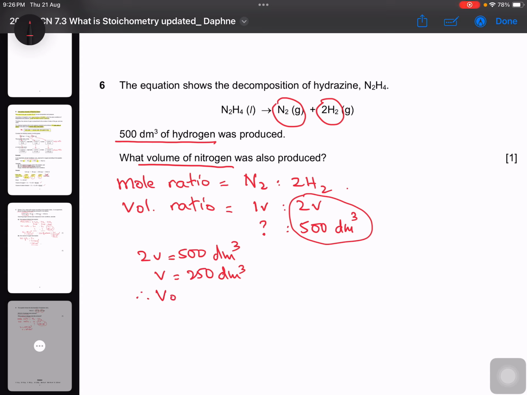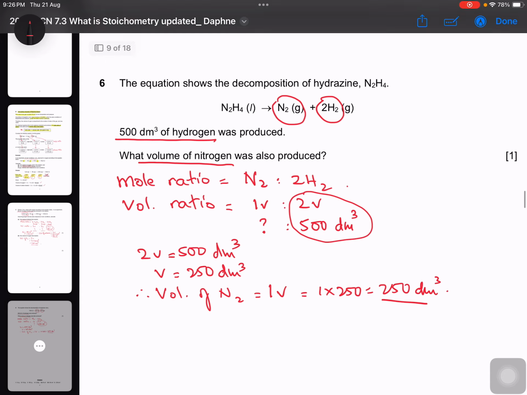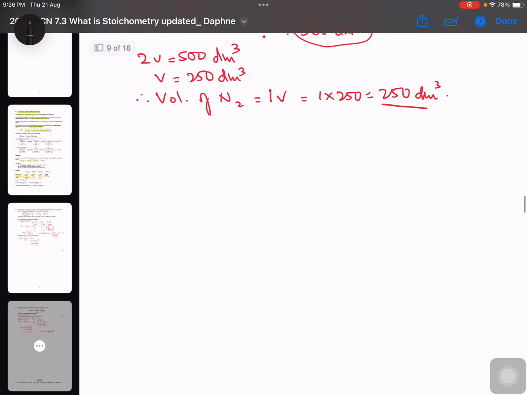Therefore, the volume of nitrogen will be 1V, which will be 1 times 250 dm cube. Is that okay? And that's already the answer.